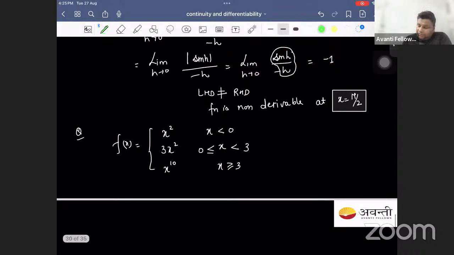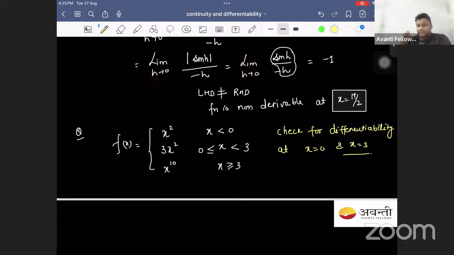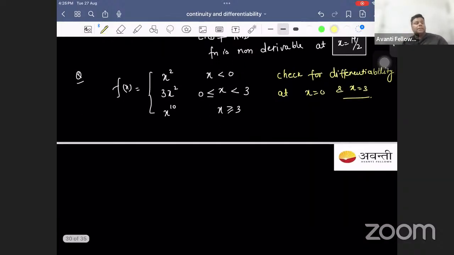They are asking to check for differentiability at x equals 0 and at x equals 3. Got it? Check for differentiability at x equals 0 and x equals 3.